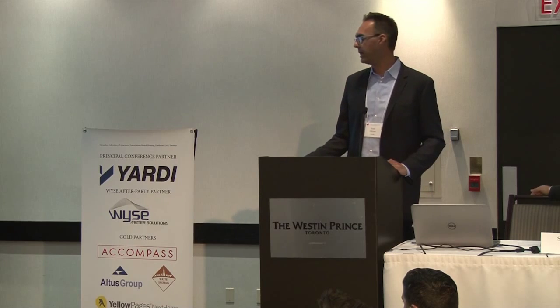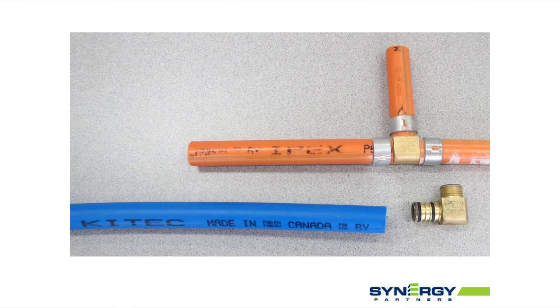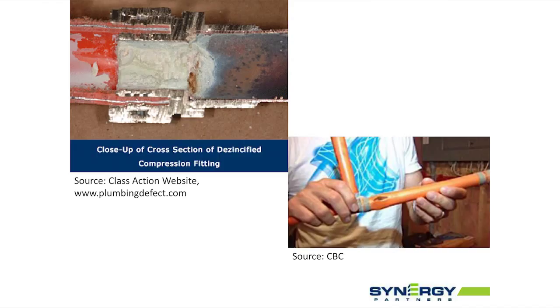And the problem with Kitec is that there's a class action lawsuit out against Kitec because there's a problem with the fittings. There's the interaction between the aluminum, the PEX, and the zinc. The fittings, which contain a high content of zinc, cause something called dezincification.